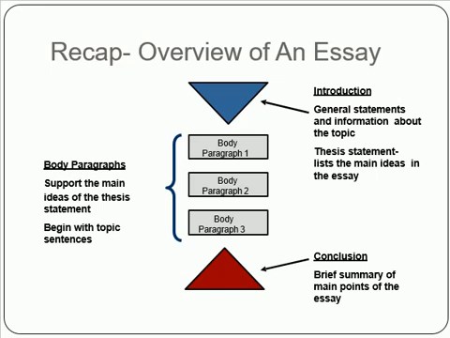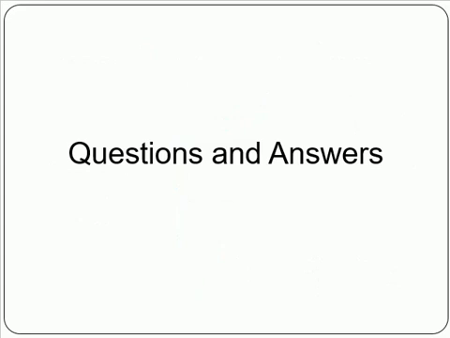Then body paragraphs support the main ideas of the thesis statement and begin with the topic sentence. And then the conclusion, which is the brief summary of the main points of the essay. So this is all about writing an essay.